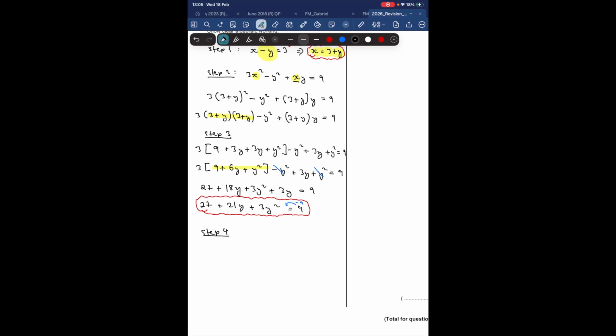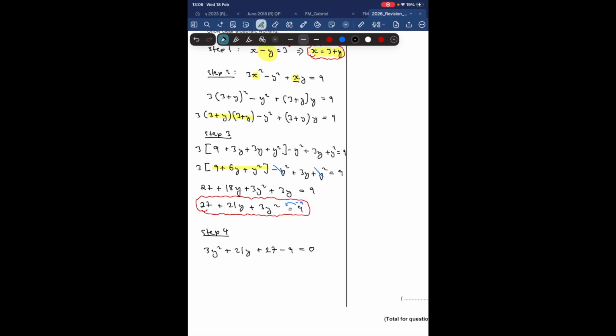When we normally write the quadratic equation, the y squared term usually goes first, then the y term, and then the number. So I'm just going to rewrite this as 3y squared plus 21y plus 27. Now remember that when that 9 goes over to the left-hand side, it becomes minus 9 equal to 0.